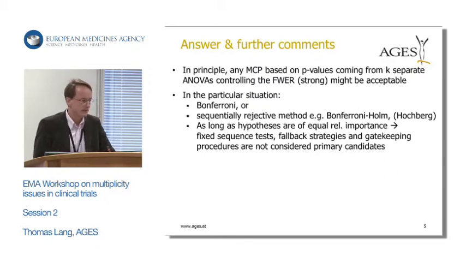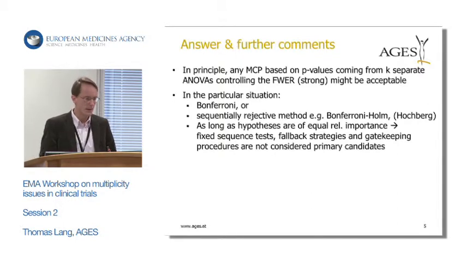And as long as this condition holds that these hypotheses are of equal relative importance, it does not seem that more sophisticated approaches would be required for that purpose. But for other scenarios, even these could be considered, I think.